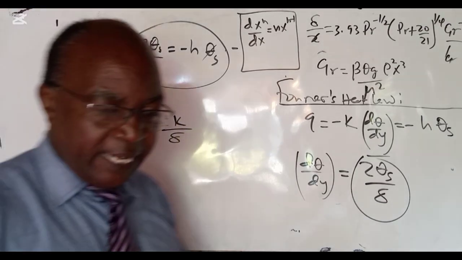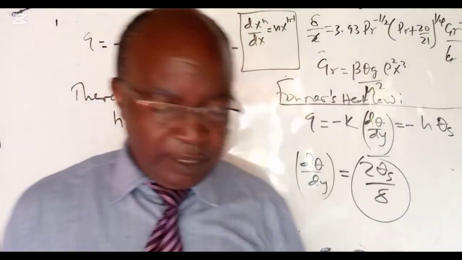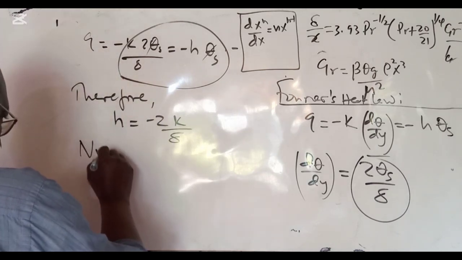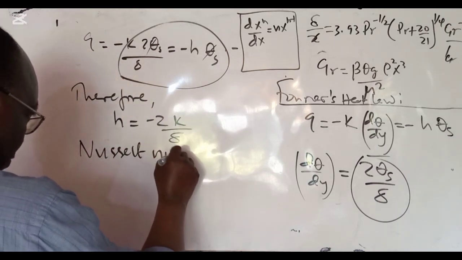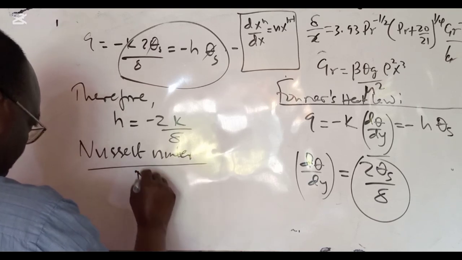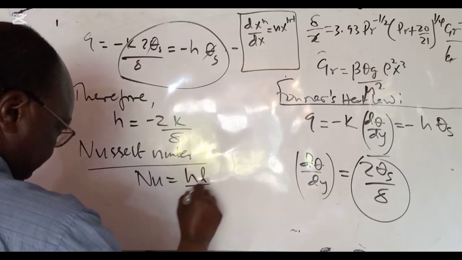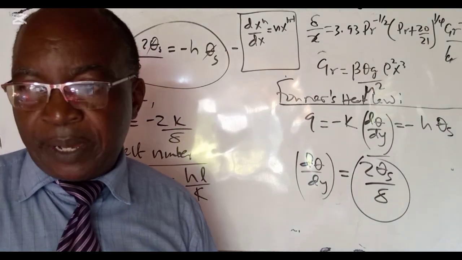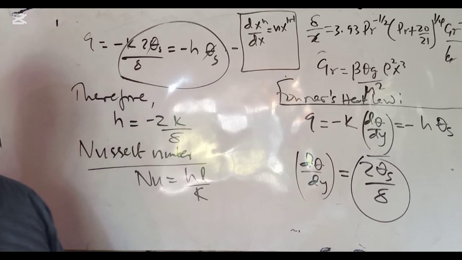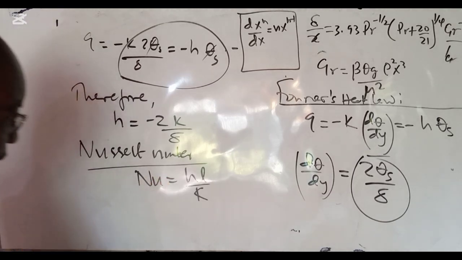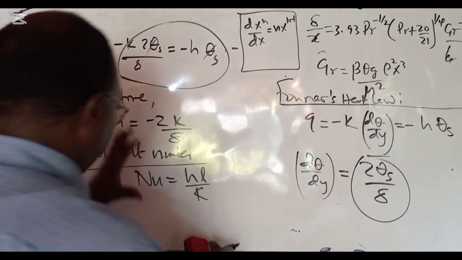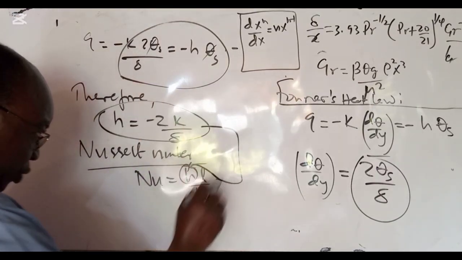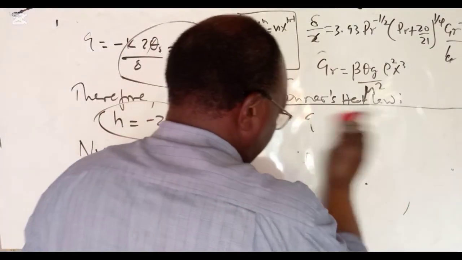Now, you remember in our earlier lectures, again, just go through them, we said that the Nusselt number was hL over K. Don't confuse that with the Stanton number. The Stanton number was different from the Nusselt number. The Nusselt number is hL over K. So if we substitute this quantity into the Nusselt number, our lives become a lot easier.